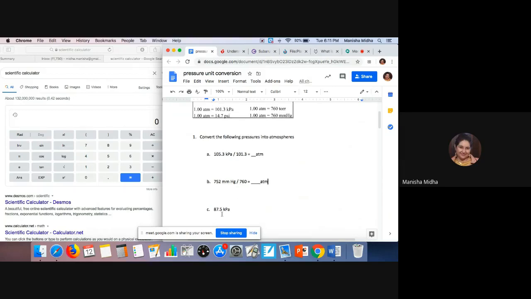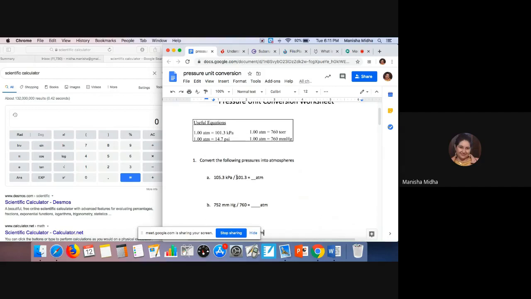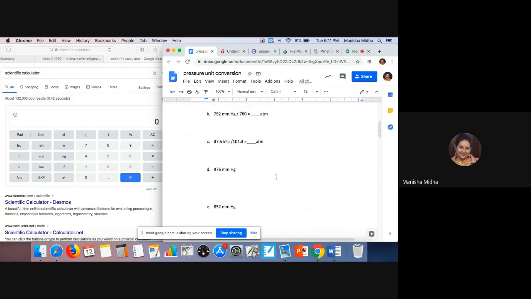Here it's kilopascals again. So what you did in part A, you divide by the constant 101.3. Here you divide by 101.3 and you will get the answer in ATM. Remember, the constant should be the second value you put in the calculator. So the question value, which is 105, goes first, and the constant goes second in the calculator. Let me show you one PSI.